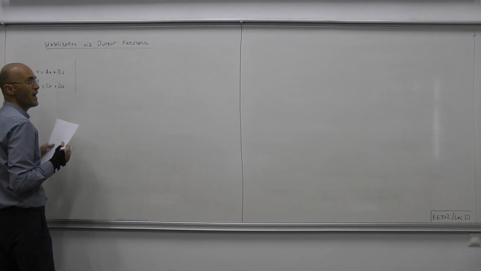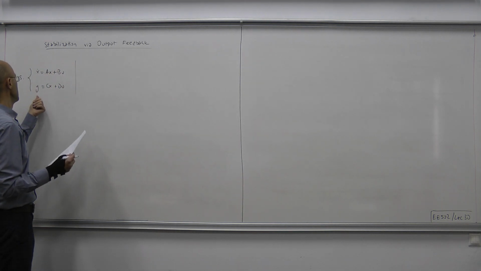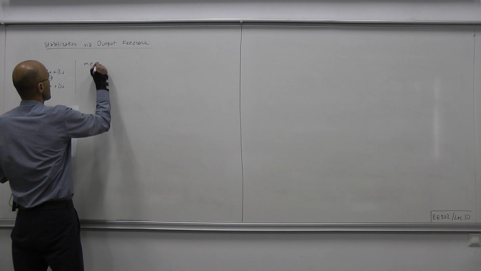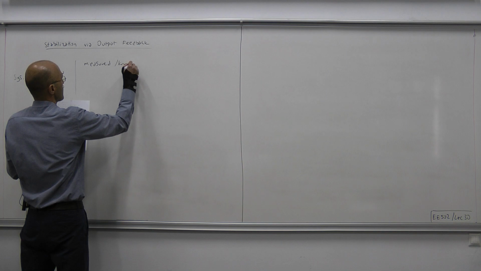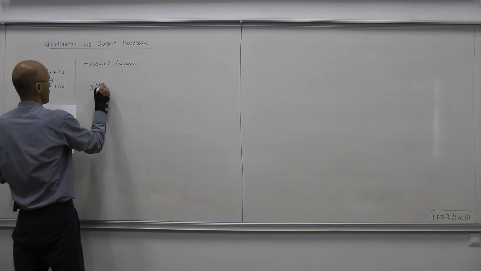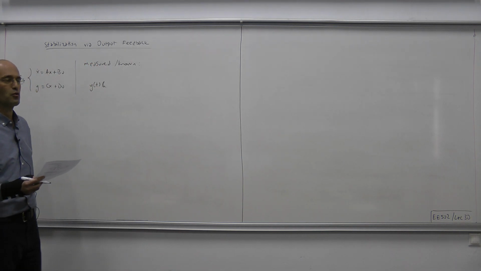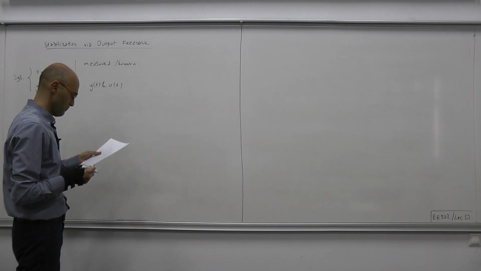What we have at our disposal is the measurement coming from the system. Therefore, measured or known are the signals y of t, and also, since it's us who are applying the control input u of t to the system, it is also known.